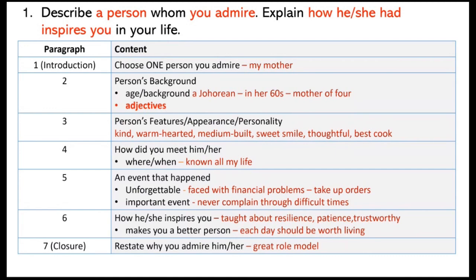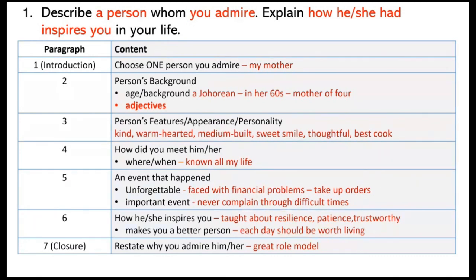Okay, after I give a background, I go into this. Person's features, appearance, or personality. Okay, you see that she's kind. When you look at these words, that meaning that you know that I'm telling all the good things about her, how she looks like. And when you do this, the examiner can imagine this is what they have. They can picture the person that you admire.